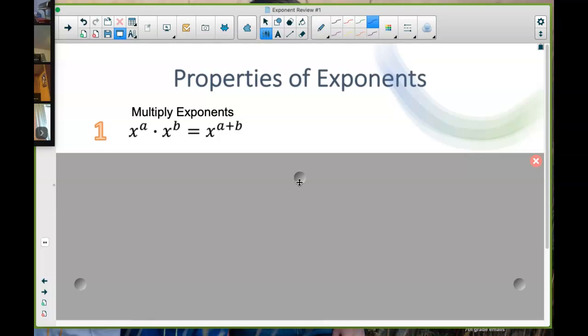When you multiply exponents, if you have x to the a power times x to the b power, you get x to the a plus b power. You're adding the exponents. We'll do a couple of examples.